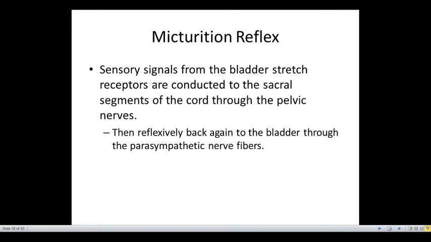sensory signals from the bladder stretch receptors are conducted to the sacral segments of the cord through the pelvic nerves, then reflexively back to the bladder through the parasympathetic motor nerve fibers.